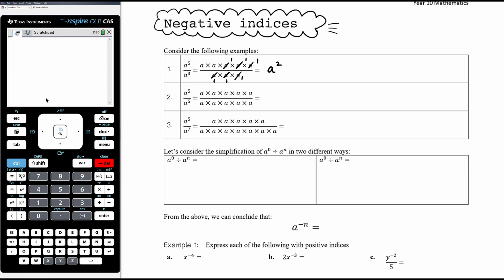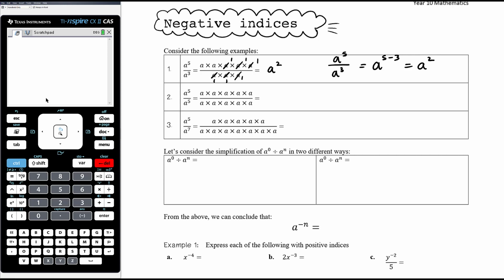We also know we can get to that result because if we use our index law, a to the power of 5 divided by a cubed is a to the power of 5 minus 3, which is a squared. Okay, so we're comfortable with that.